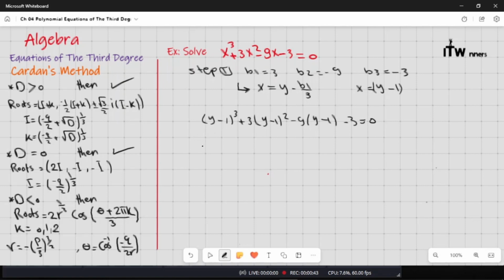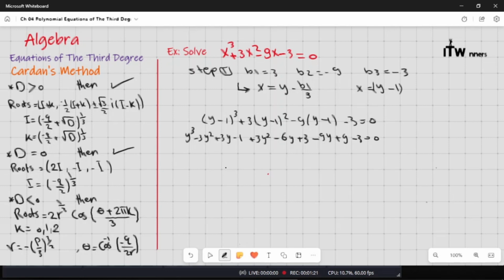Just expand these brackets. So we have here y cubed, minus 3y squared, plus 3y minus 1, plus 3y squared, minus 6y, plus 3, minus 9y plus 9, minus 3 equal to 0.